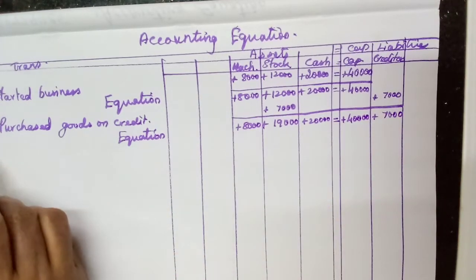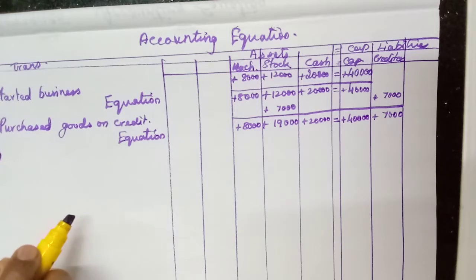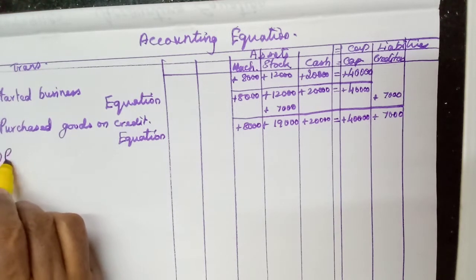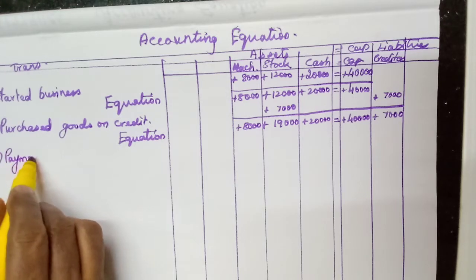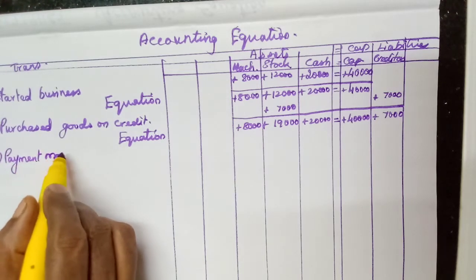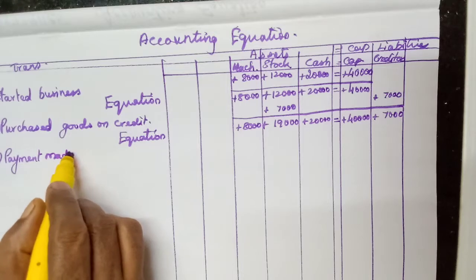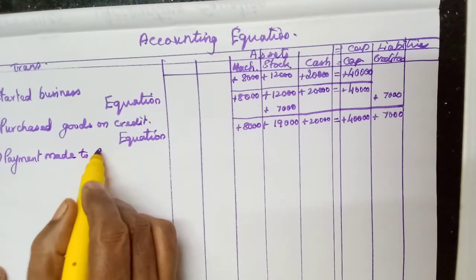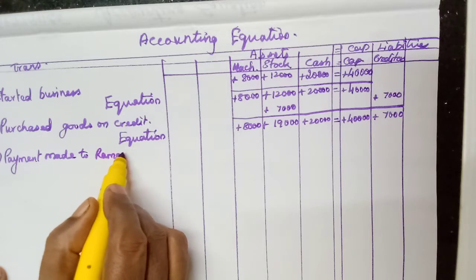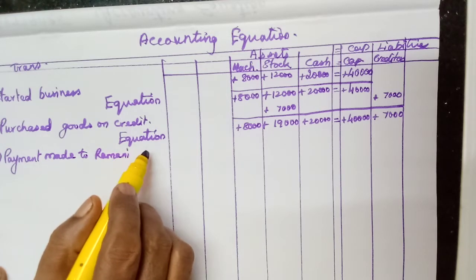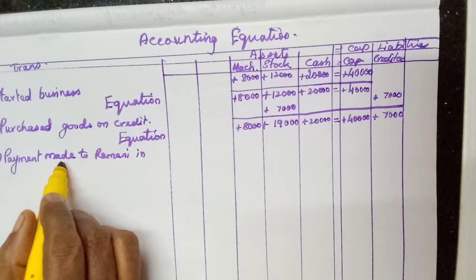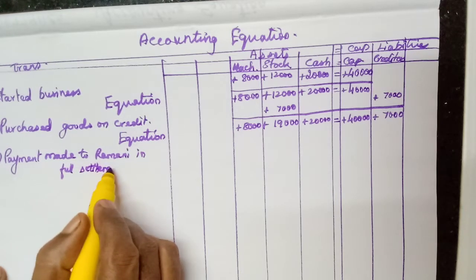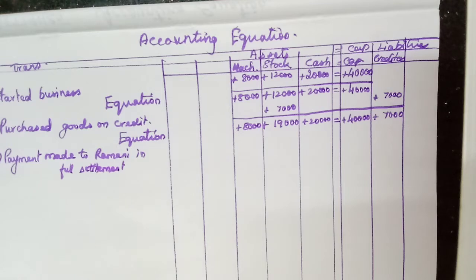Okay. Now the third transaction. Payment made to Ramani. Paid to Ramani also we can write. Meaning should not be changed. Payment made to Ramani in full settlement. You don't need to write that, but you should keep this in mind, why it is given in full settlement.